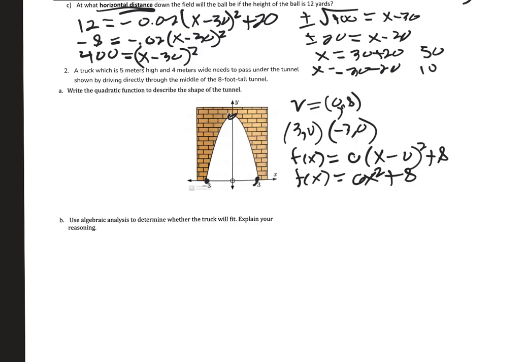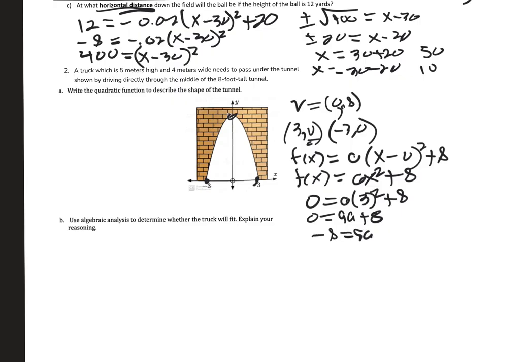So we can choose either (3, 0) or (-3, 0). So let's choose the positive value. So we are replacing f of x, or the y value, with 0. And we're saying that that is equal to A times 3 squared plus 8, which means that 0 is equal to 9A plus 8. And that means that we're going to get negative 8 equals 9A.